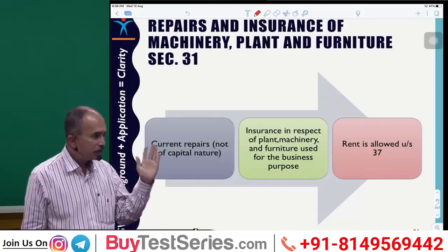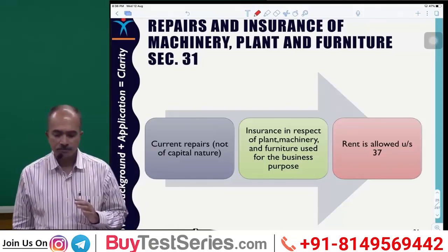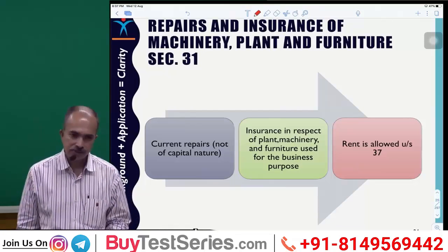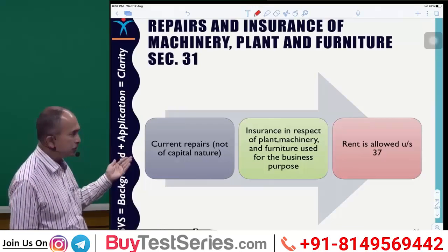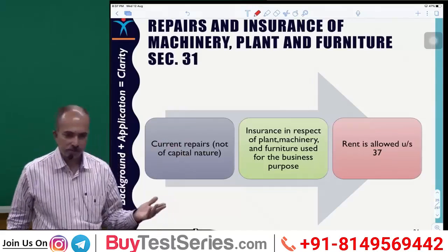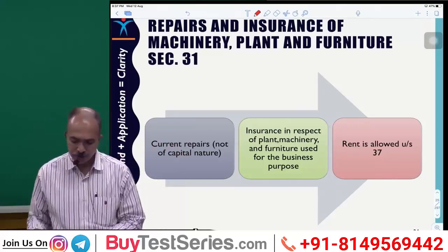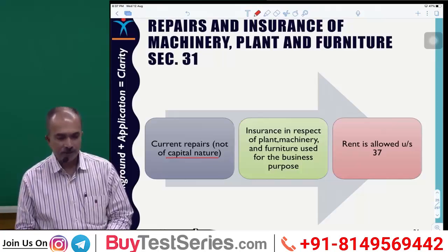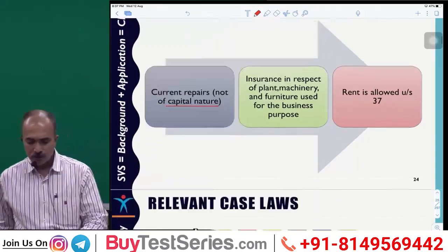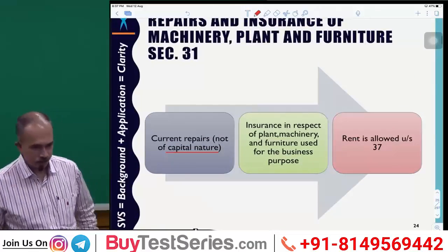Time to time I might do insurance of the same. Can I say it is a business expense? Answer is yes. So any repairs and insurance of plant, machinery, furniture is a business expense. Again the same restriction except capital repairs. Capital expenditure hoga, so you are not going to get the deduction.